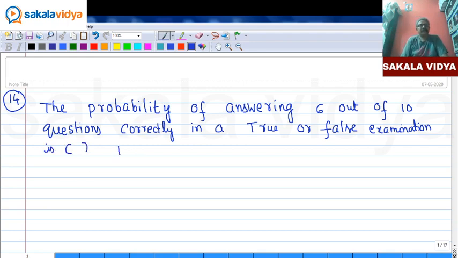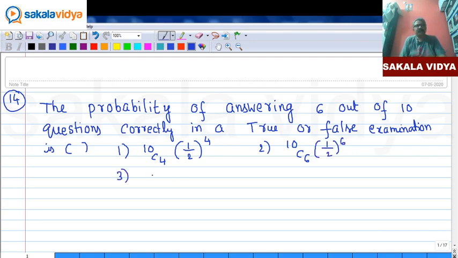First option: 10C4 half raised to 4. Second: 10C6 half raised to 6. Third option: 10C6 half raised to 10. Fourth option: 10C6 half raised to 8.